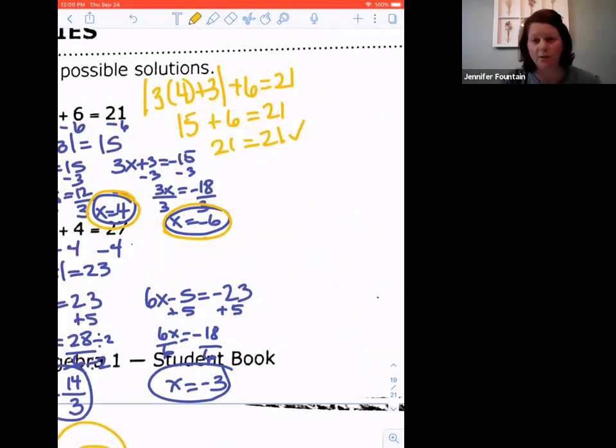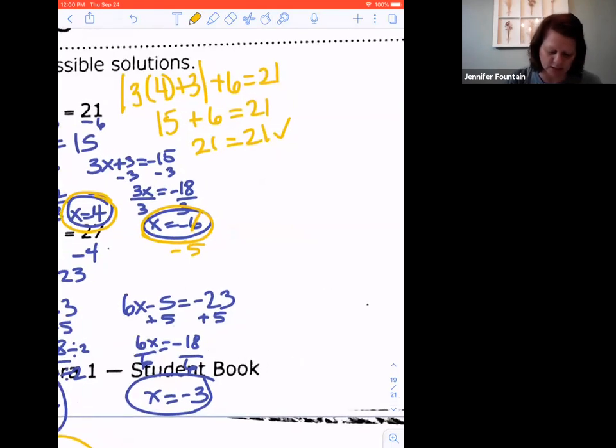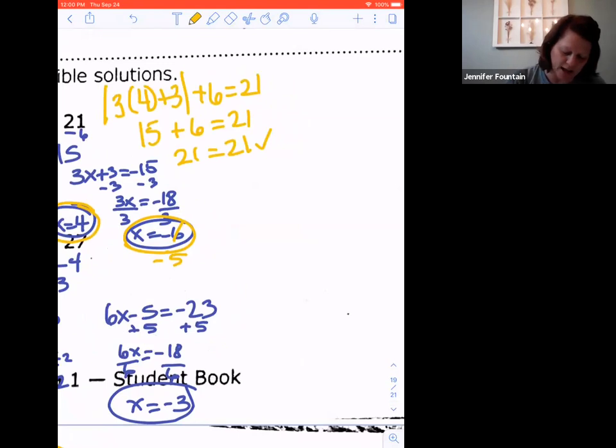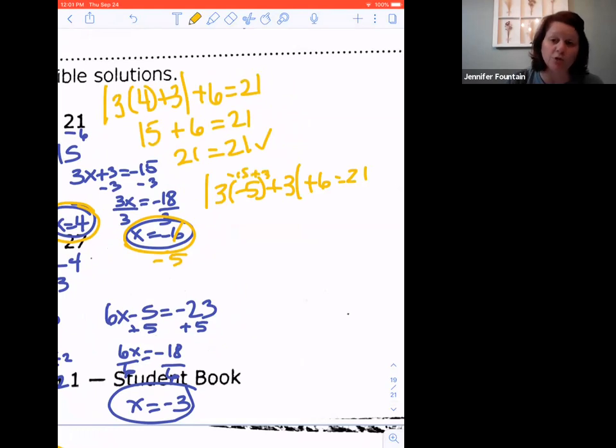Let's pretend, okay? We're going to pretend for a minute that here we ended up with x equals -5. Remember, this is just pretend. Our answer was -6, but we're pretending. So the absolute value of 3 times -5 plus 3 plus 6 equals 21. So here I would have 3 times -5 is -15. -15 plus 3 would give me -12.